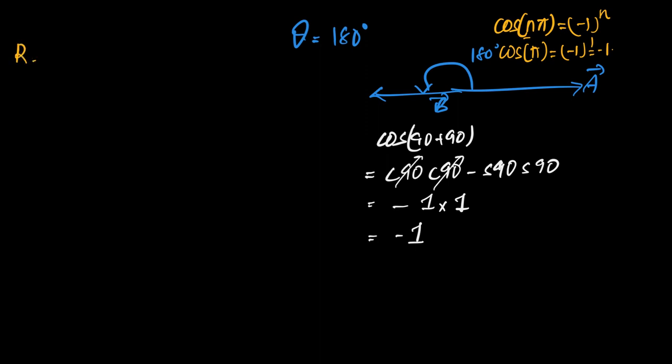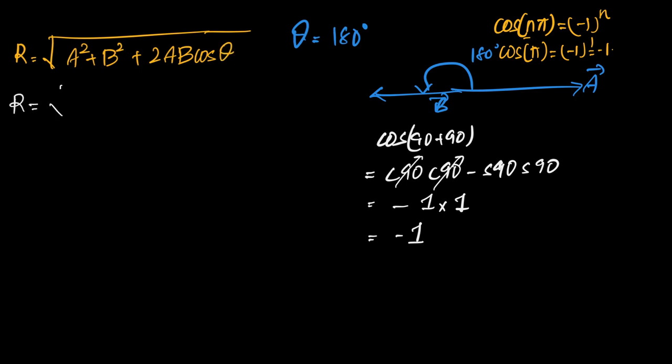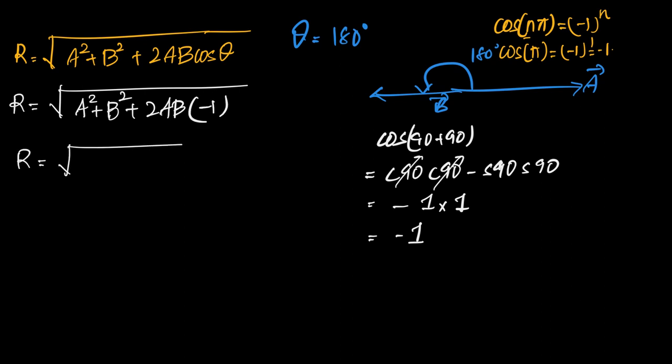Now, what is r equal to again? R is equal to root of a square plus b square plus 2ab into cos theta. Now what is cos theta? It is minus 1. So r is equal to root of a square plus b square minus 2ab.